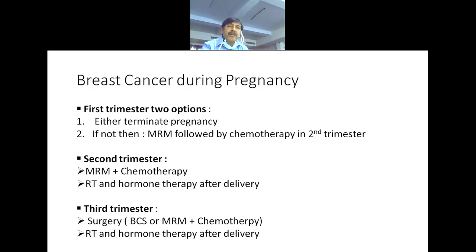So here in third trimester, we can give the radiotherapy within 6 months after surgery. But if a patient is in second or first trimester, radiotherapy will be delayed more than 6 months. So that is why MRM is the operation of choice, not BCS.